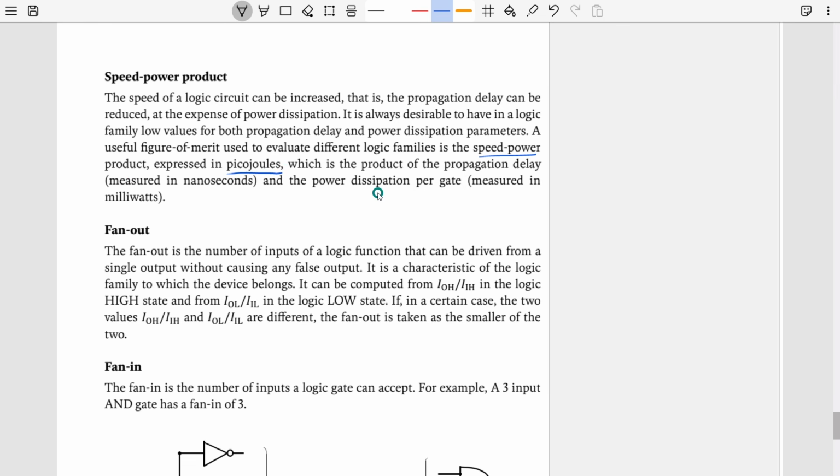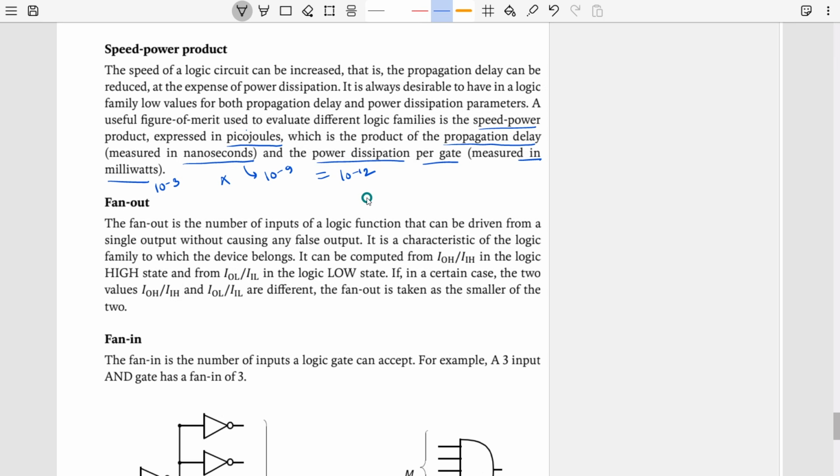What we do is calculate the propagation delay of our device, in nanoseconds, and also calculate the power dissipation per gate, measured in milliwatts. Then we just multiply these two. This is in 10 inverse 3 level, and this is in 10 inverse 9 level. If you multiply these two, we get 10 inverse 12 level, which is pico. Okay, so this is how we calculate.